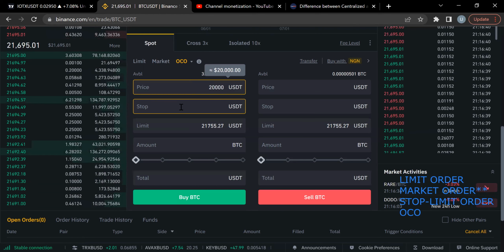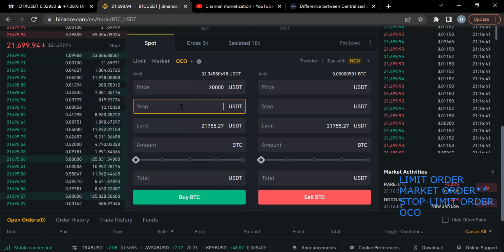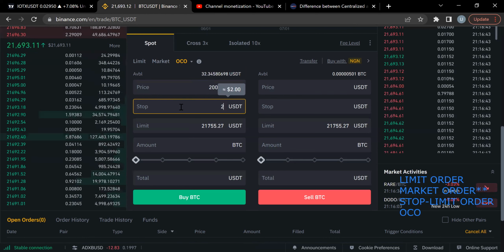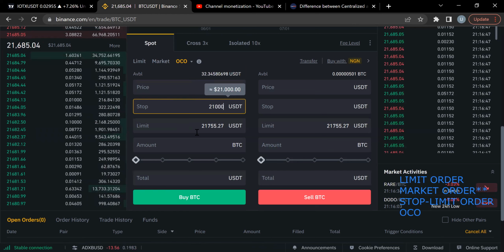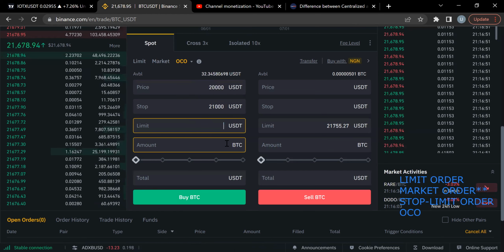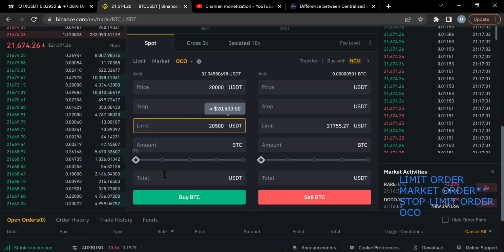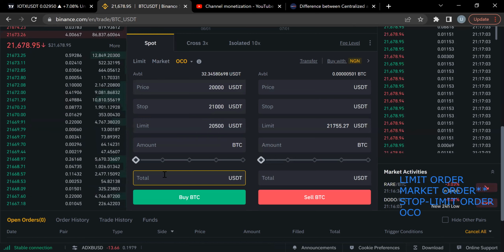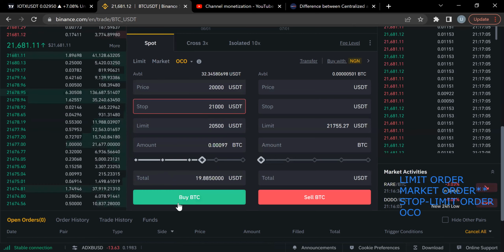Now I want to set for the stop limit. Now for the stop limit, you can say if it should rise to 21,000, right? Then set another limit for me at, let's say, 20,500. Then you put the amount, 20 BTC. Then you click on buy.